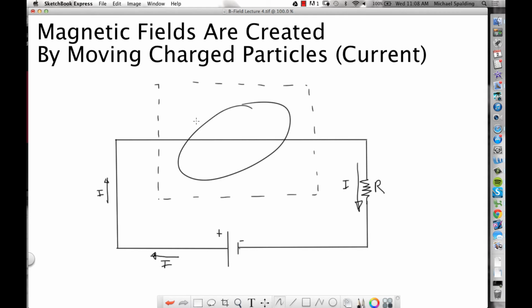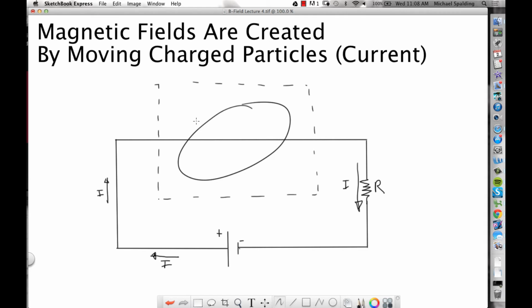So what we're going to talk about here is if you have current in a wire. If you have current running through a wire, there's going to be a magnetic field around the wire. Now I'm going to give you 3 choices, and I want to see how smart you are. The magnetic field around the wire is either going to be a triangle shape, a square, or a circle.